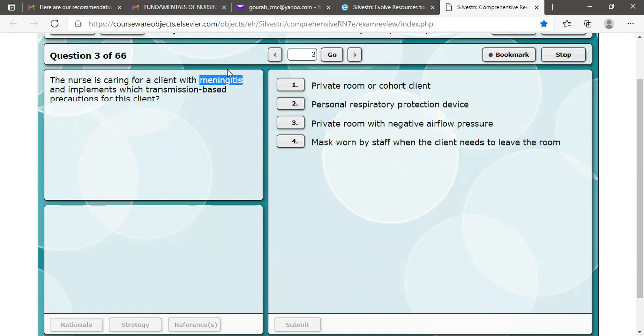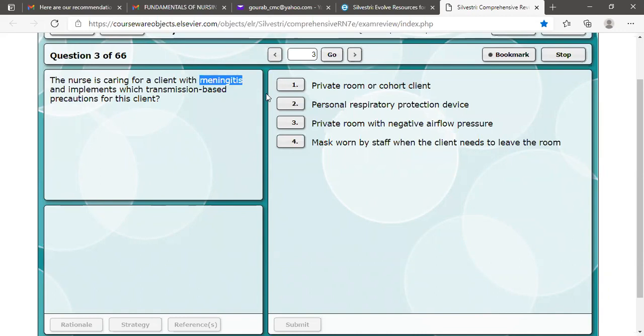Meningitis is a droplet precaution, so we give them a private room, right? And the patient must wear a surgical mask if they need to be transported from one unit to another, and also limit the transport, important.